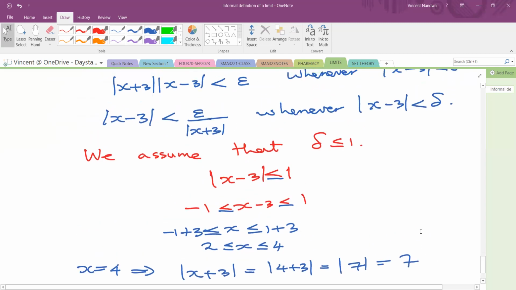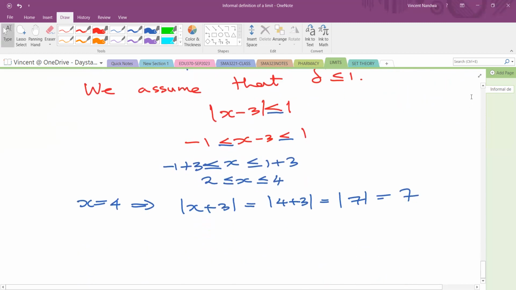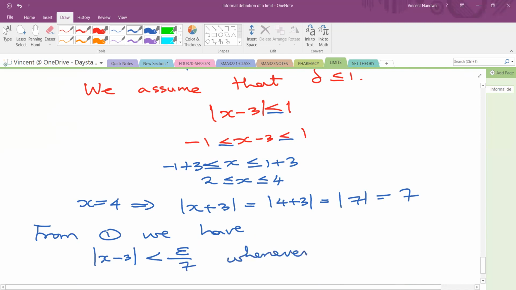So therefore, if I call this line equation statement number 1, then from 1, we have absolute of x minus 3 is less than epsilon over 7 whenever absolute of x minus 3 is less than delta.